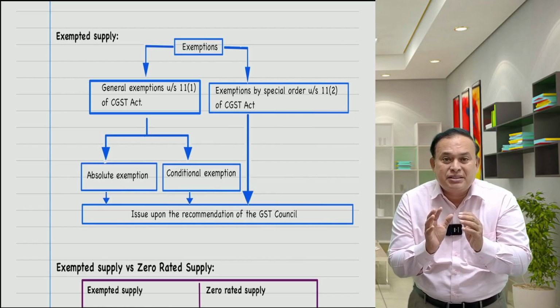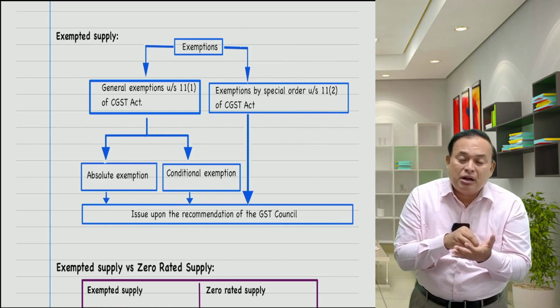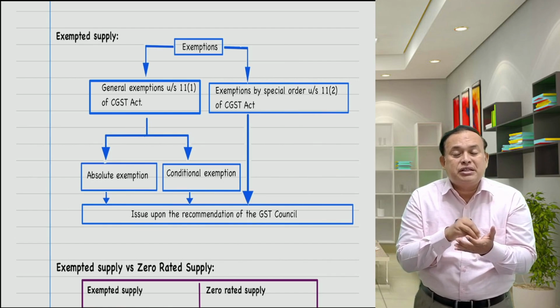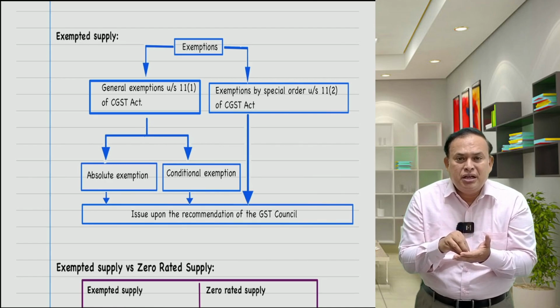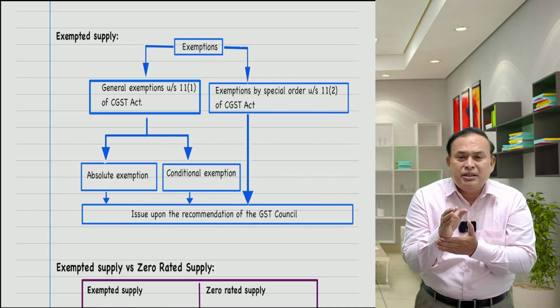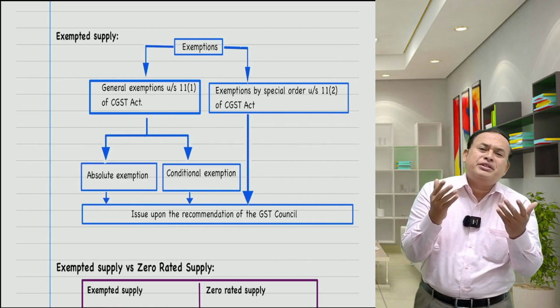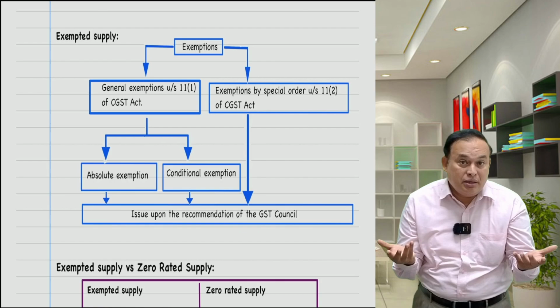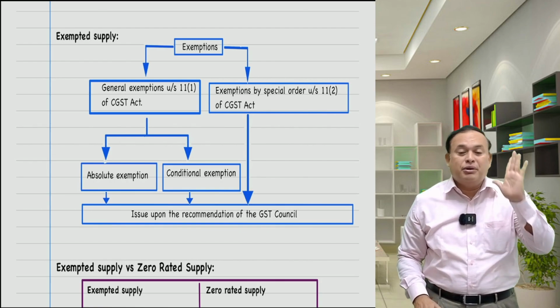Those taxpayers belonging to the short-term accommodation industry as well as the restaurant industry, from this period to this period, are not required to pay GST. The government may notify this upon the recommendation of the GST Council.